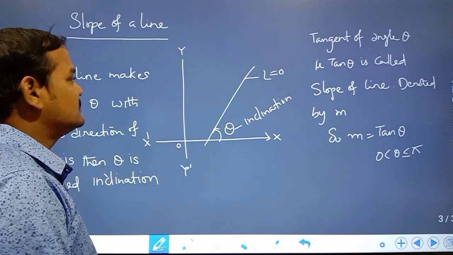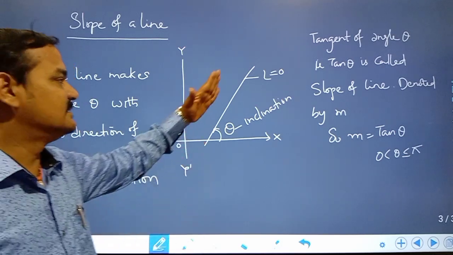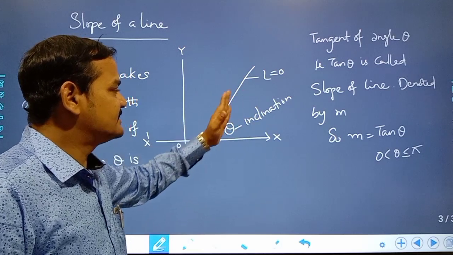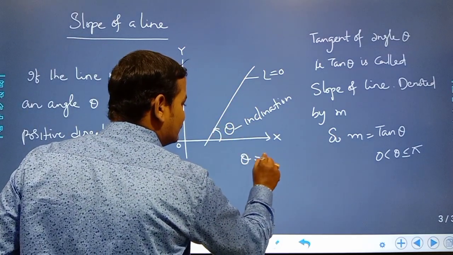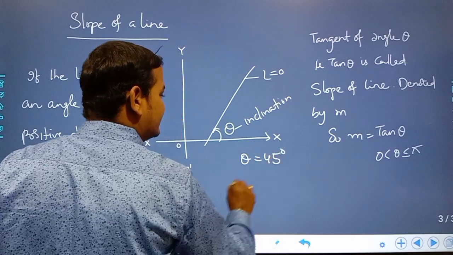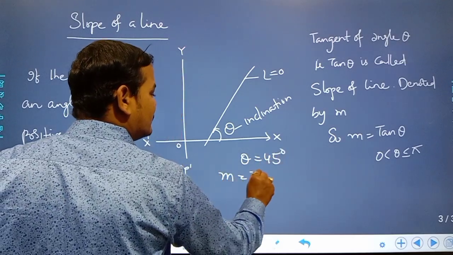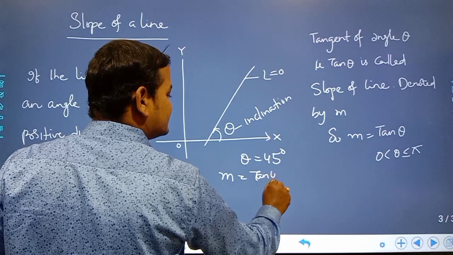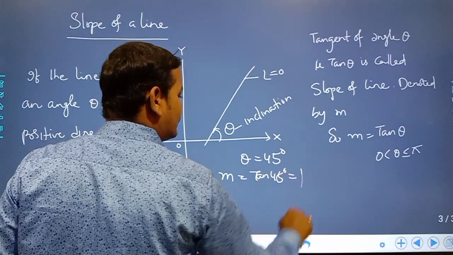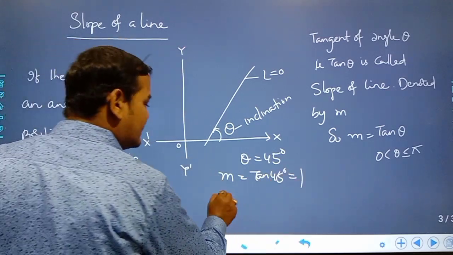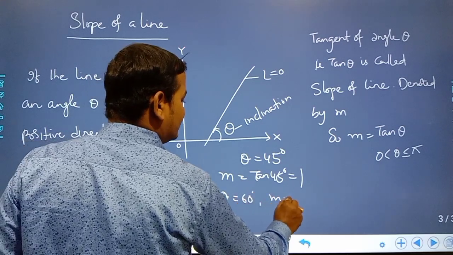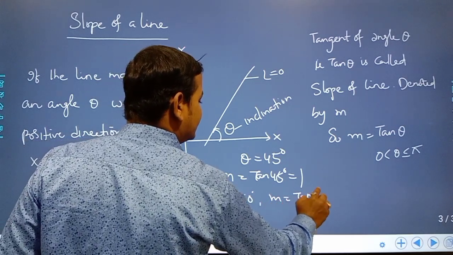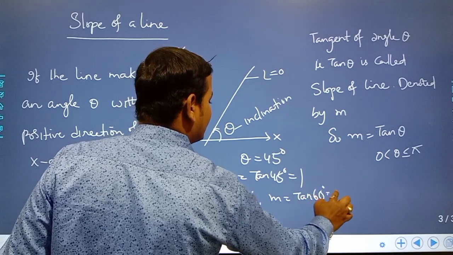Suppose a line makes an angle theta with the x-axis. If theta is equal to 45 degrees, then the slope m is tan 45 degrees, which is equal to 1. If theta is equal to 60 degrees, then m is equal to tan 60 degrees, which is equal to √3.